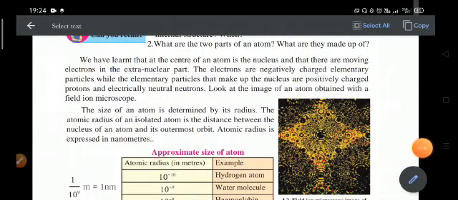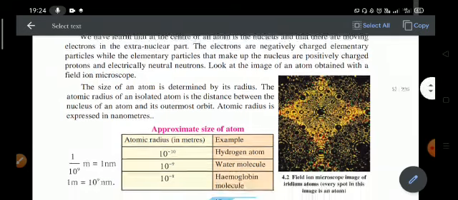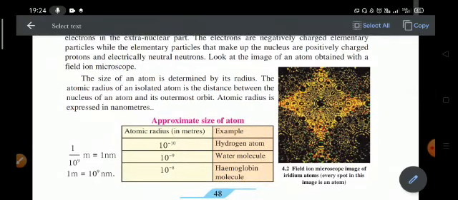In chemistry, the size of an atom is determined by its radius. The atomic radius of an isolated atom is the distance between the nucleus of an atom and its outermost orbit. Atomic radius is expressed in nanometers, that is 10 to the minus 9 meters. Atomic radii of particular examples are given here.